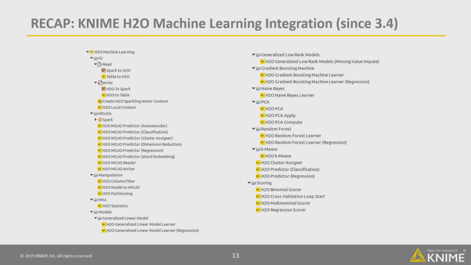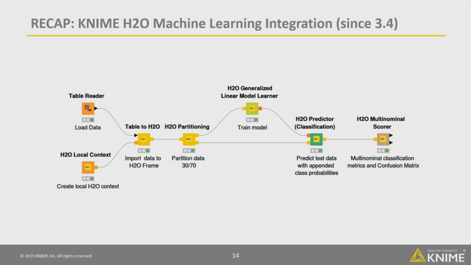So H2O has this nice set of highly optimized, highly scalable machine learning algorithms for learning predictive models like boosted trees, tree learners, linear models, and so on. There's a bunch of nodes. They're all listed out here. And these workflows, they usually look like this.